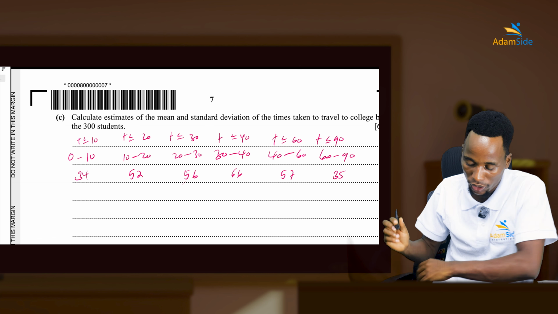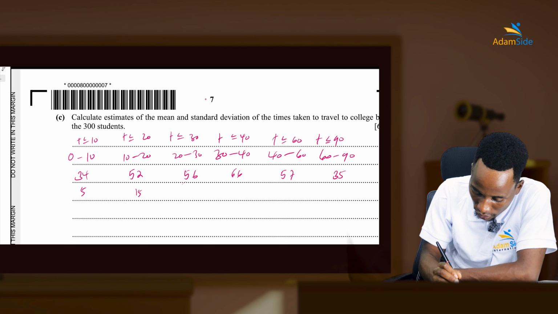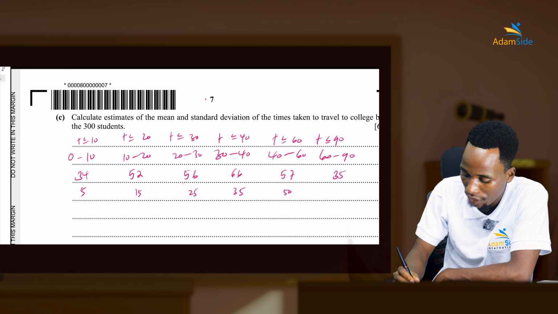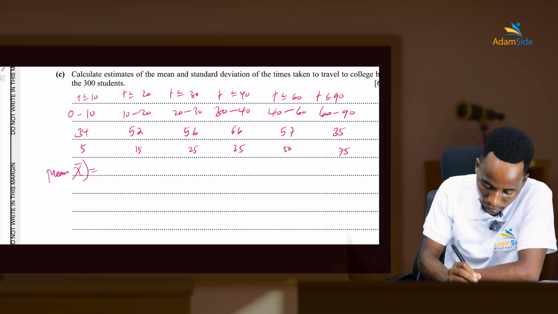So we know the midpoints. We'll find the midpoints, which will be 5, 15, 25, 35, 50, and here it's 75. To get the mean, we know the mean is given by the summation of fx over the summation of f.